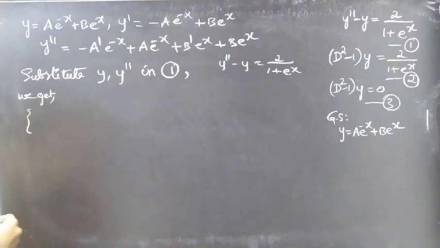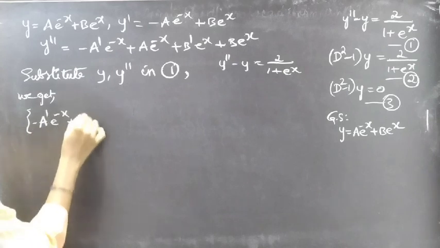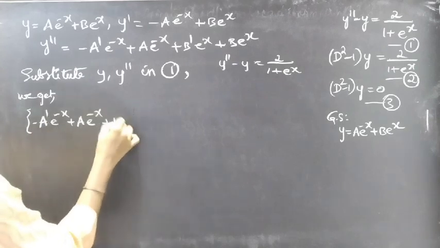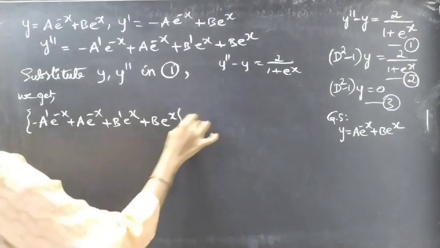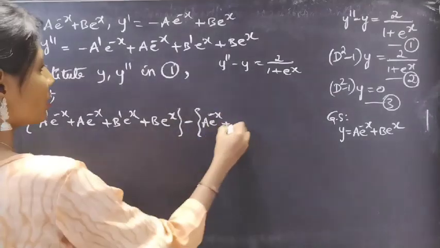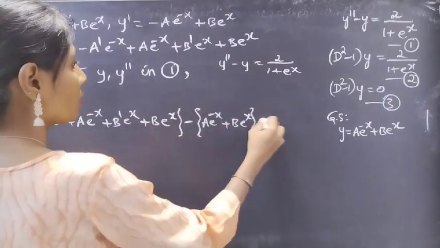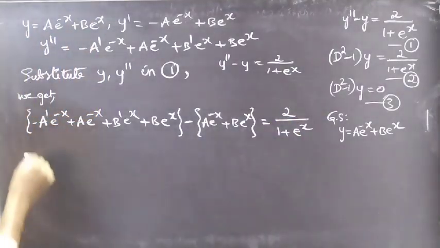I'll substitute y double dash and y here. I'll get minus a dash e power minus x plus a e power minus x plus b dash e power x plus b e power x, minus a e power minus x plus b e power x, equal to 2 by 1 plus e power x.